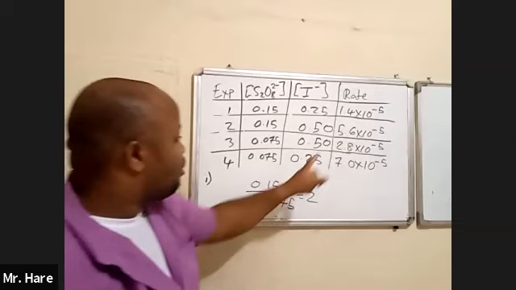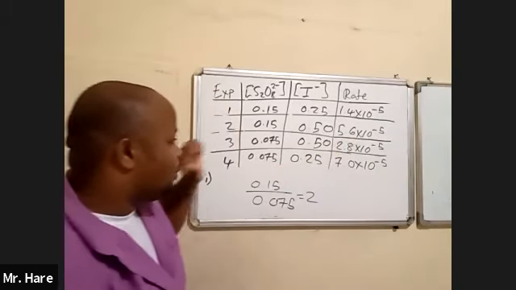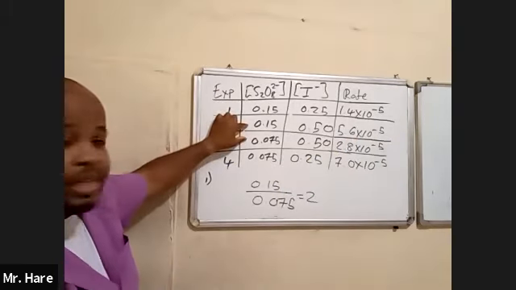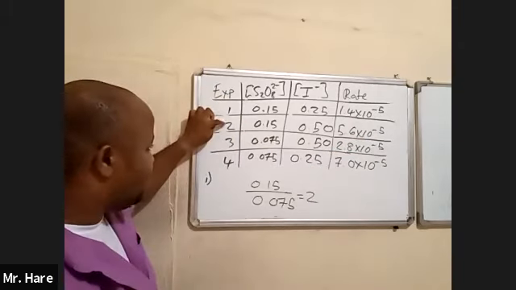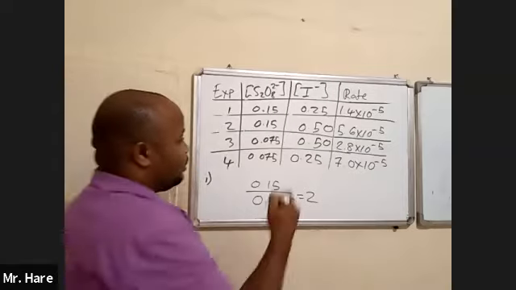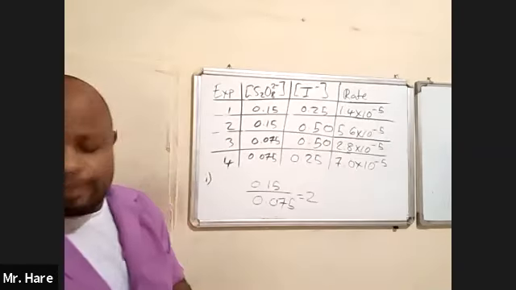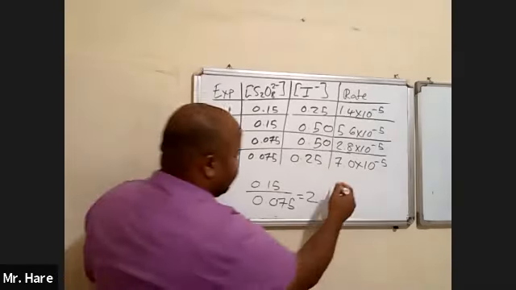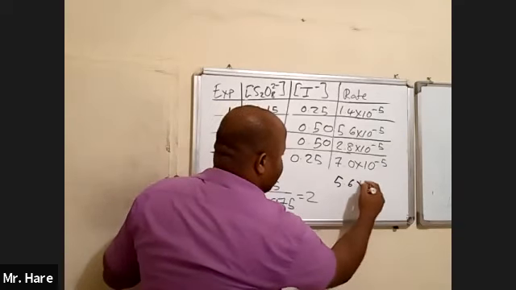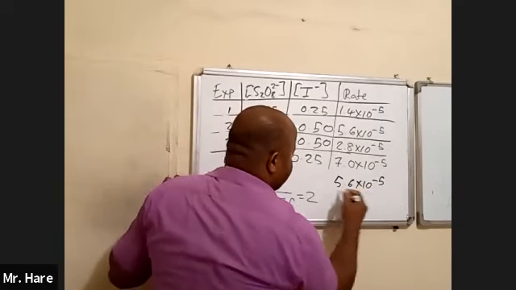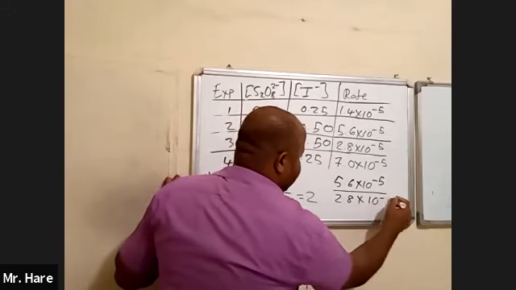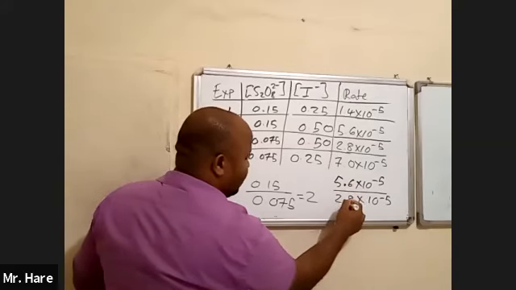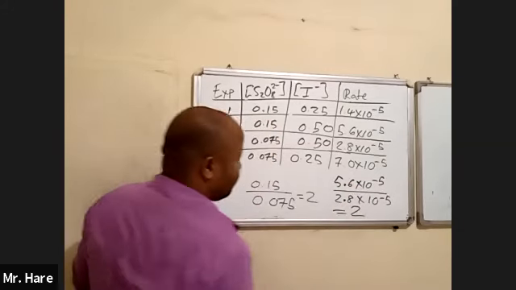Now come across to the rate, because we are trying to see how the concentration affects the rate. Same experiments 2 and 3: 5.65 times 10 to the minus 5 divided by 2.8 times 10 to the minus 5. Basically 56 divided by 28, that is 2.